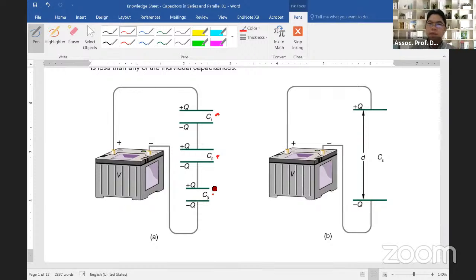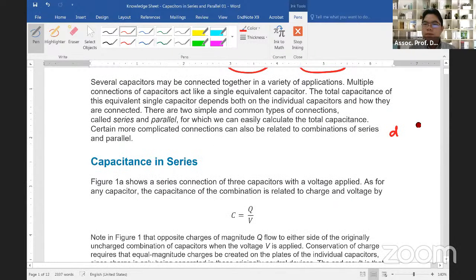In this case, it is like you increase the distance between the plates. When the distance D increases, the total capacitance will decrease. That is the first conclusion from table 1 and table 2 that you just made already. And yes, you got that. Okay.